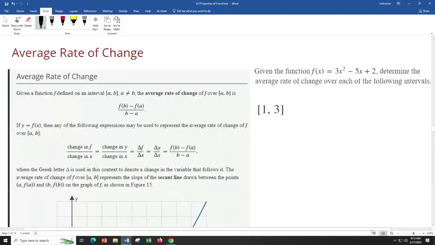A and B, where A cannot equal B, the average rate of change of f over those points that you've chosen is f of B minus f of A over B minus A. If y is equal to f of x, then any of the following expressions may be used to represent the average rate of change of f over A to B. Inclusive. Includes the endpoints. Change in f over change in x is equal to the change in y over change in x.